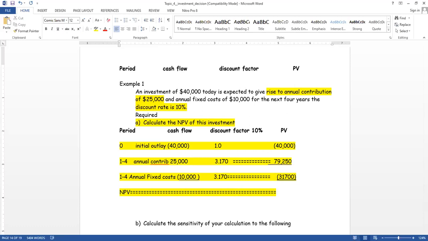My NPV is 7,550. Is it positive or negative?